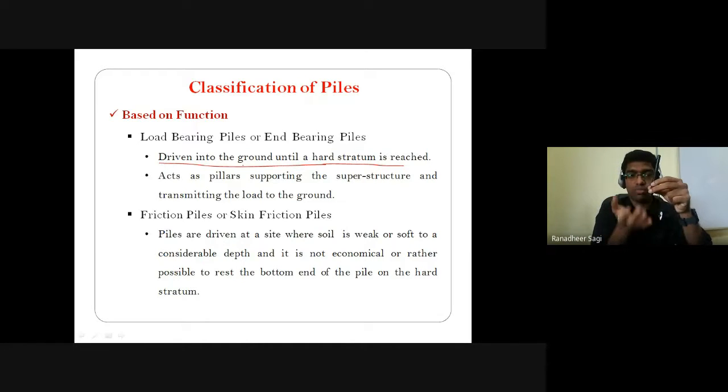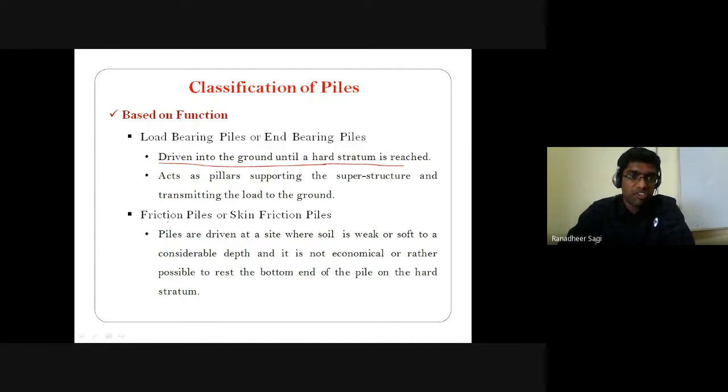So the end has to be placed on a hard stratum, so that the load coming onto this pile gets transferred from the base of the pile onto the hard stratum. They act as pillars supporting your superstructure and transferring your load onto the harder soil strata wherever it is available. That's what we call your load bearing or end bearing pile.